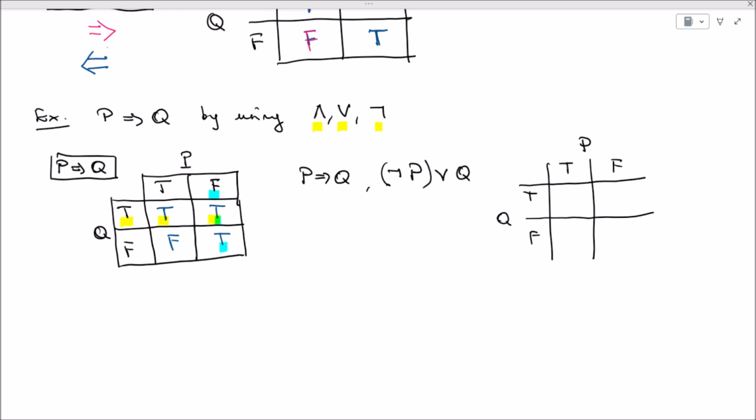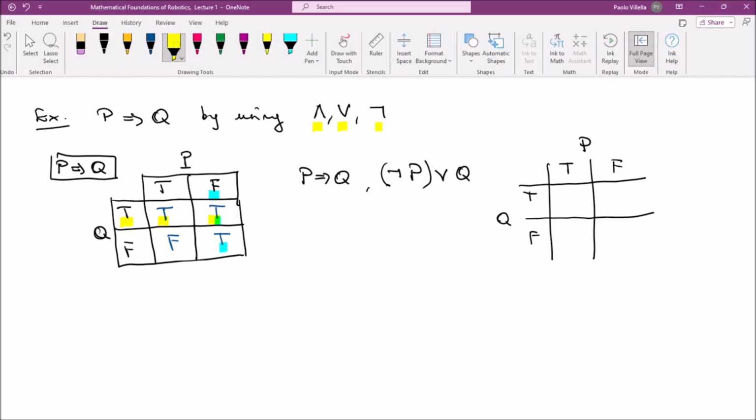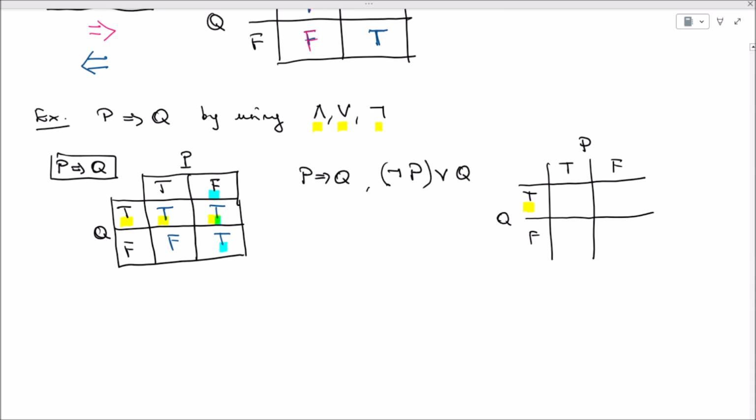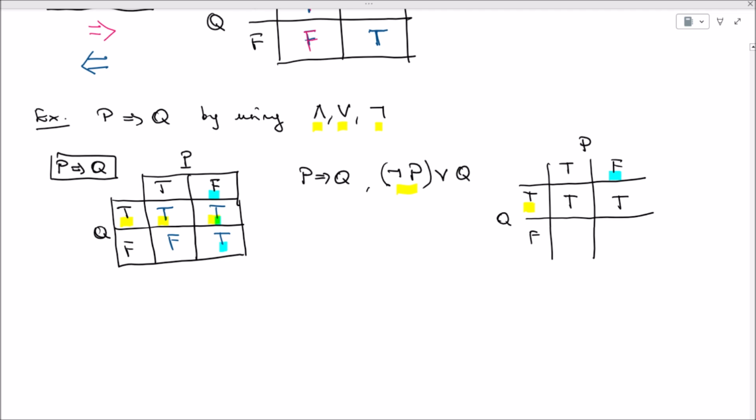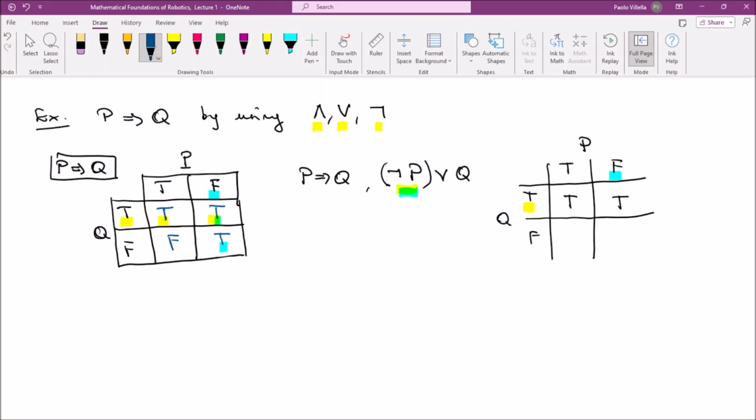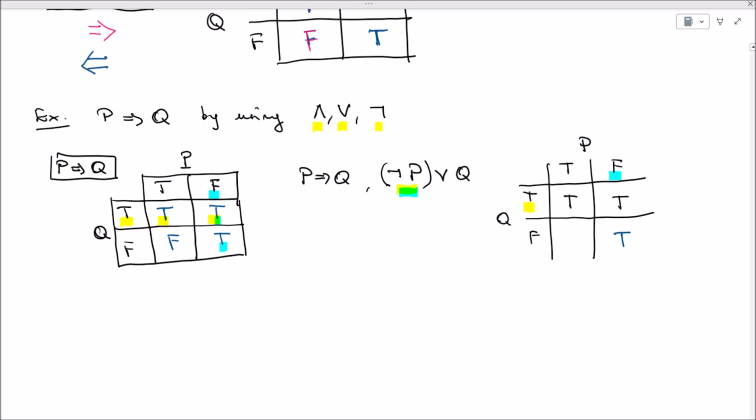Okay, let's verify what happens. Well, if Q is true, then no matter what the other term is going to be, we always get a true value. If P is false, that means that not P is true, so no matter what Q is going to be, we always get a true value here. So we only need to verify now what happens when P is true and Q is false.